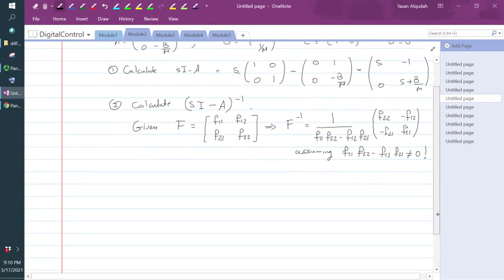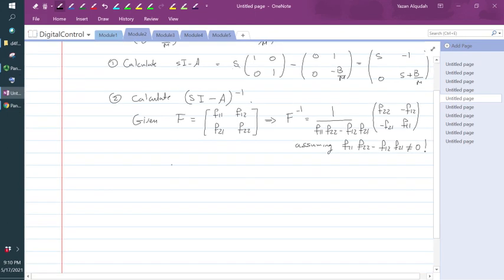Otherwise, we will not have an inverse. Now, of course, notice here that if I take F multiplied by F inverse, this is going to equal F inverse multiplied by F, and it's going to equal the identity, which is [1, 0; 0, 1].